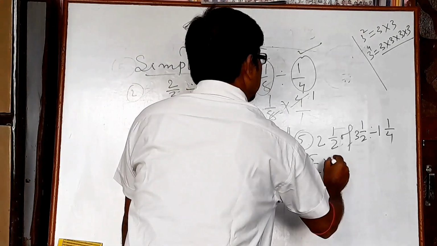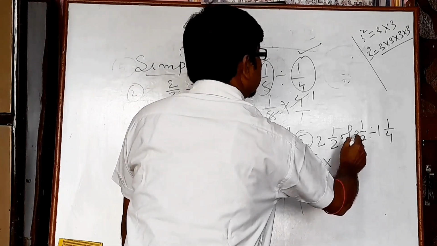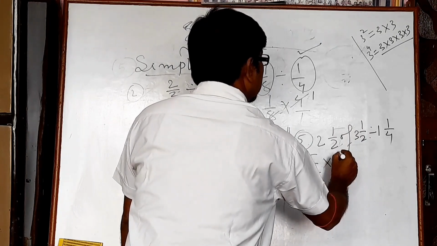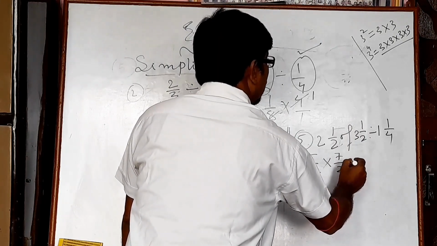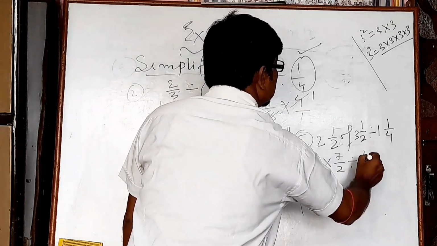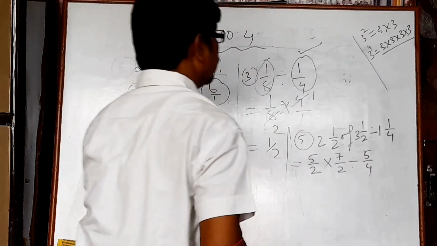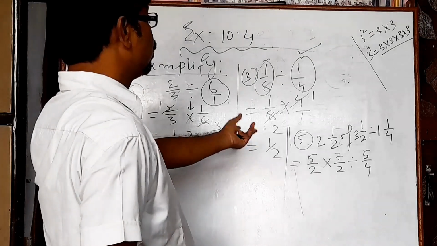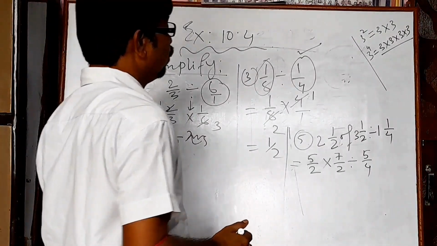Of means into, I have told earlier. 2 threes are 6 plus 1, 7/2, and divided by 4 ones are 4 plus 1, 5/4. So first of all, what I have done is converted the mixed fractions into improper fractions.